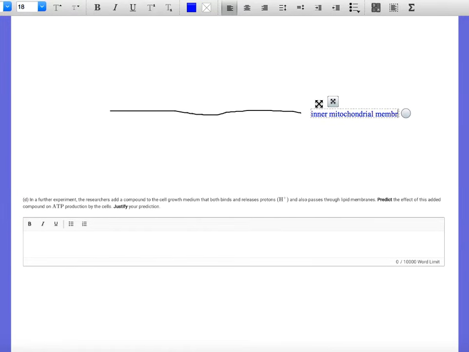So what this question is asking is, in a further experiment, the researchers add a compound to the cell growth medium that both binds and releases protons and hydrogen ions, and also passes through lipid membranes. Predict the effect of this added compound on ATP production by the cells. So justify your prediction.